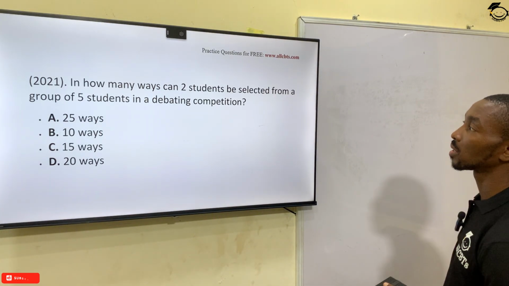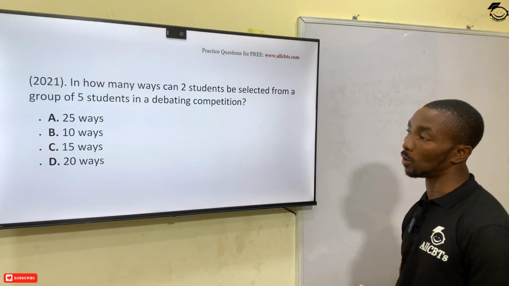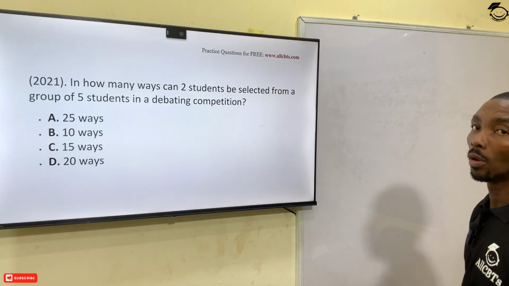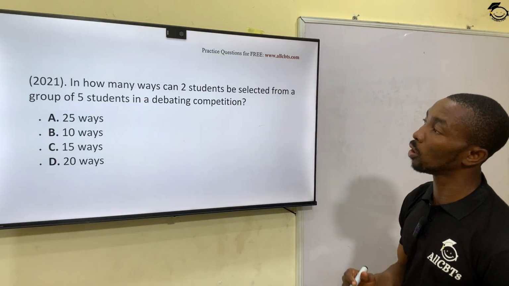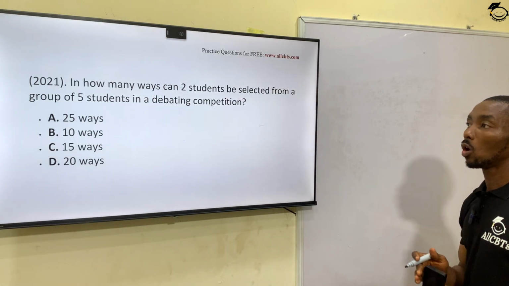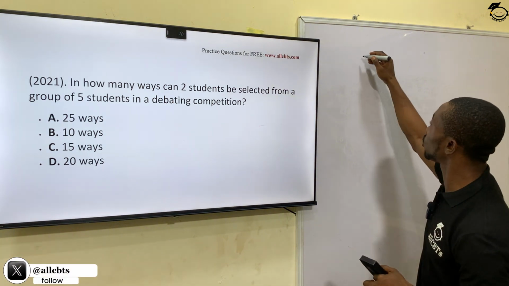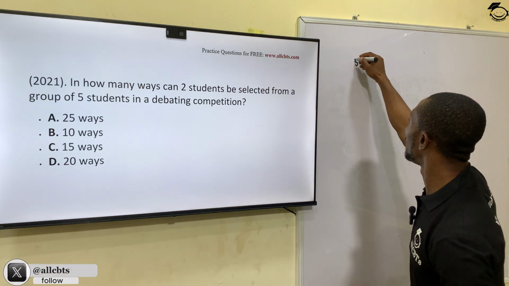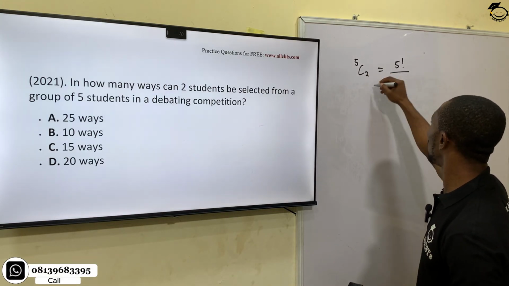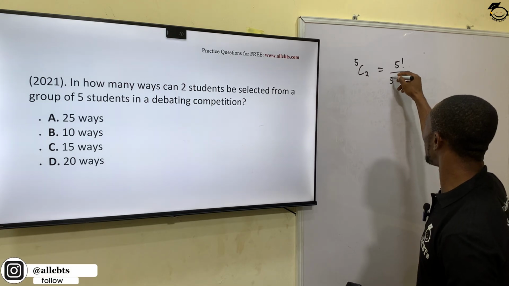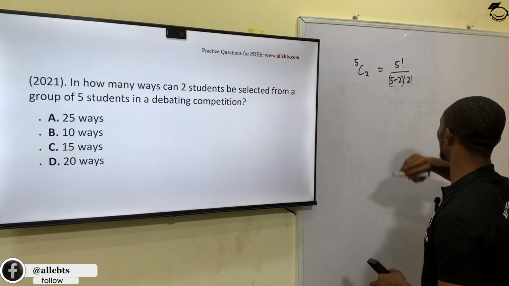In how many ways can two students be selected from a group of 5 students in a debating competition? Since there is no specific order of selecting these students, we are going to use combination. This will be 5 combination 2, which is 5 factorial over 5 minus 2 factorial times 2 factorial.